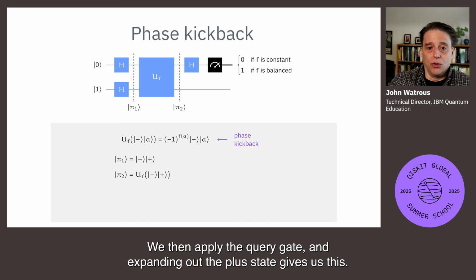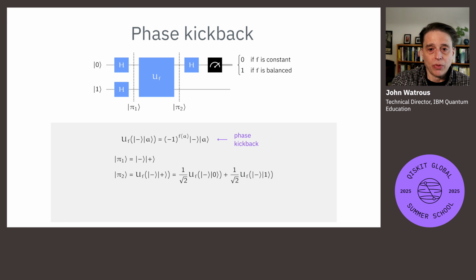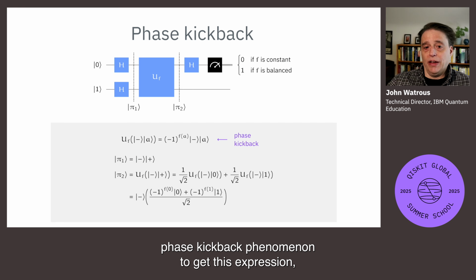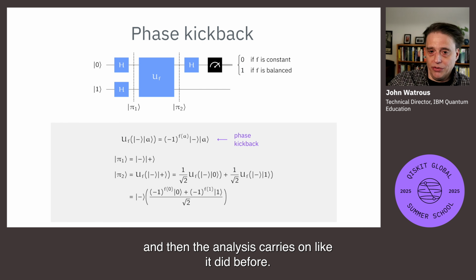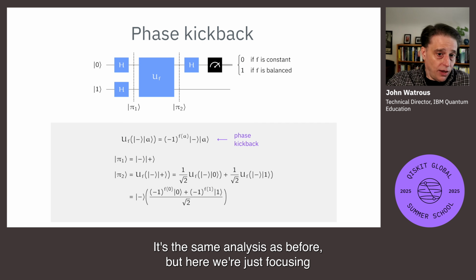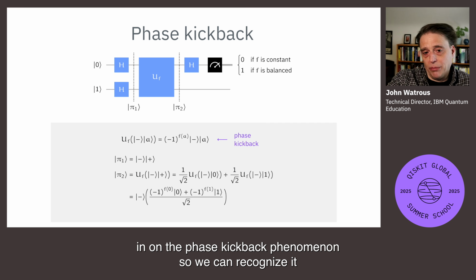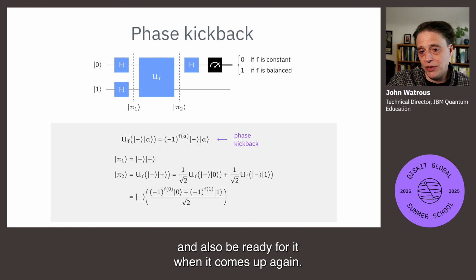We then apply the query gate, and expanding out the plus state gives us this. We now apply the phase kickback phenomenon to get this expression, and then the analysis carries on like it did before. It's the same analysis as before, but here we're just focusing in on the phase kickback phenomenon so we can recognize it and also be ready for it when it comes up again.